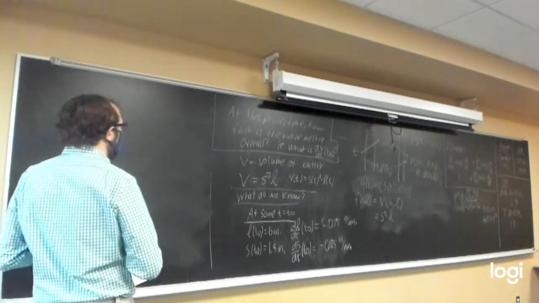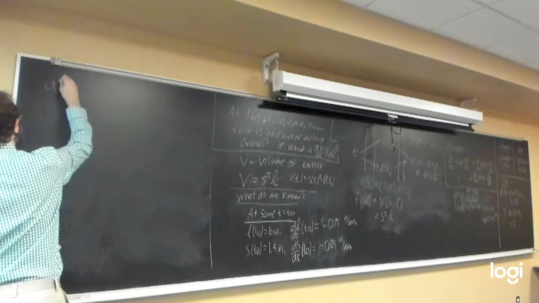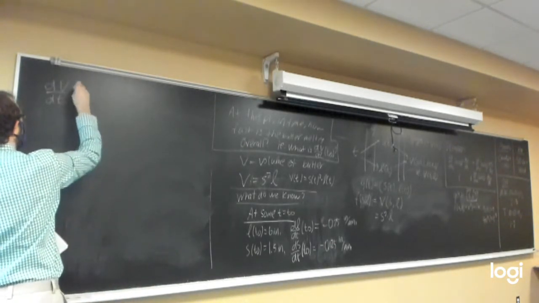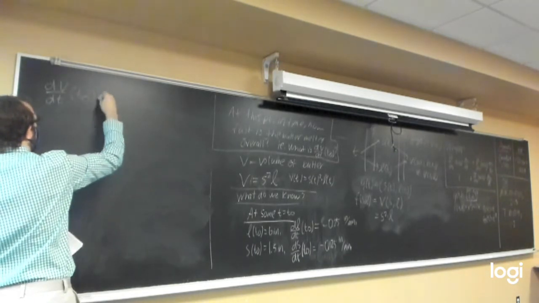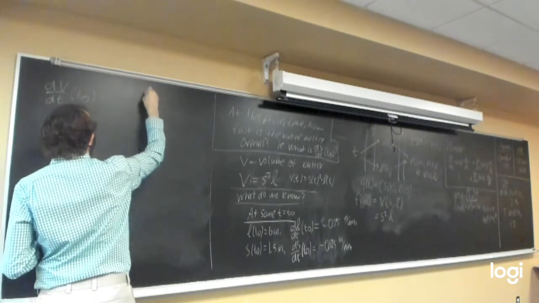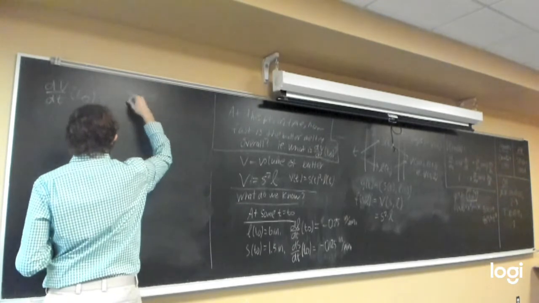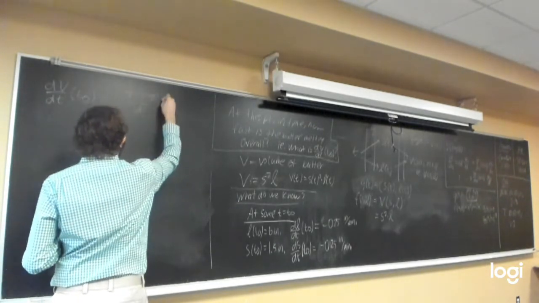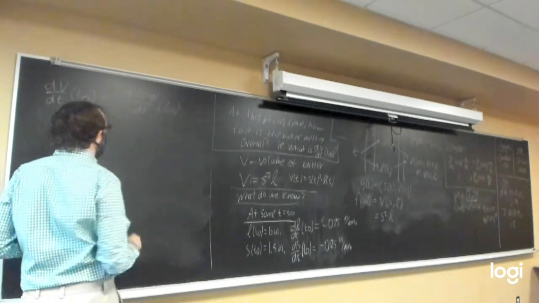So let's see what we would get. At t naught, the derivative of V with respect to t is going to be the same as the derivative of f composed with g with respect to time at t naught.